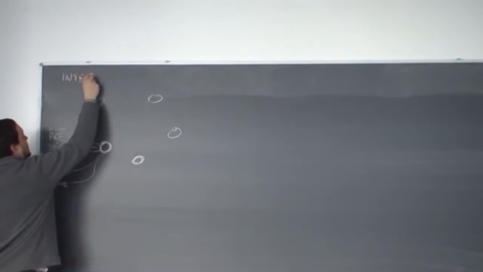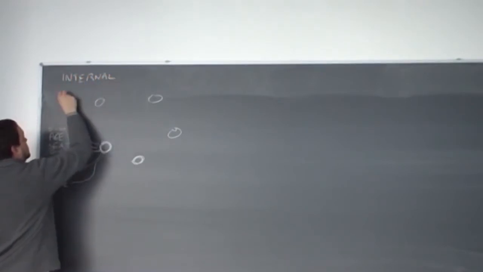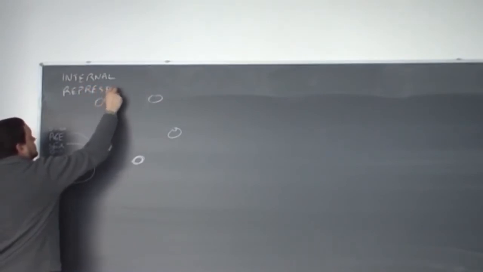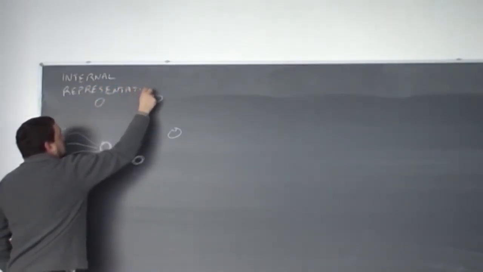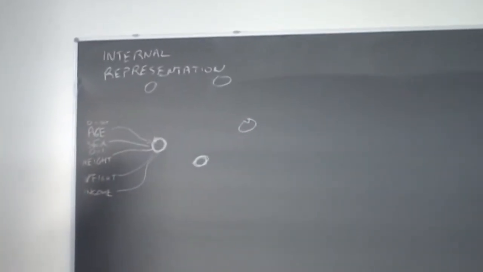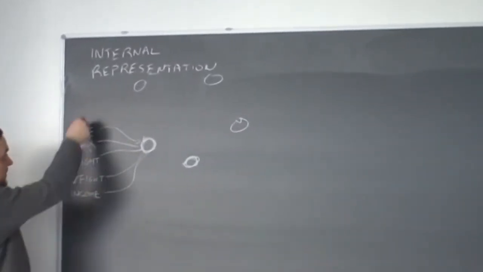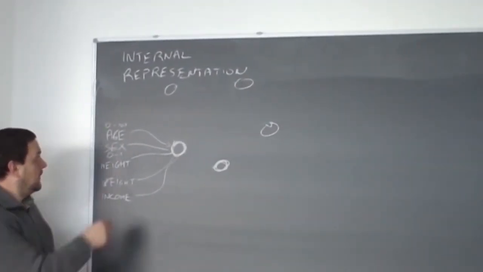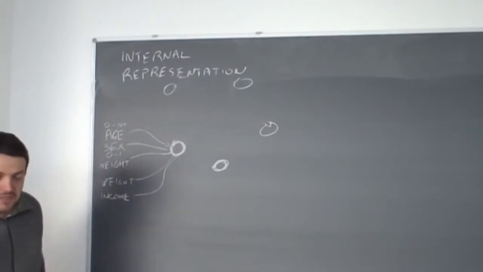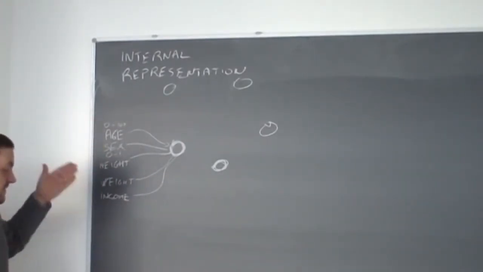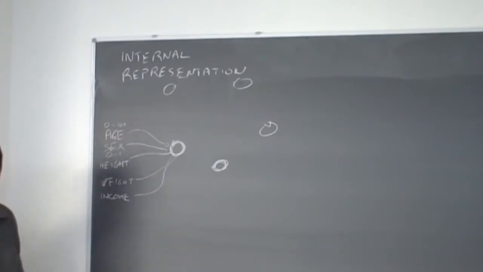We call this an internal representation of our objects. And this representation is given by a tuple. And let us assume that this tuple is made of numbers.